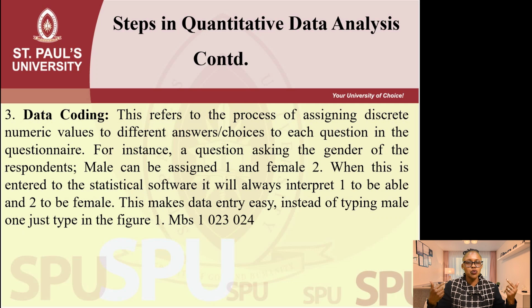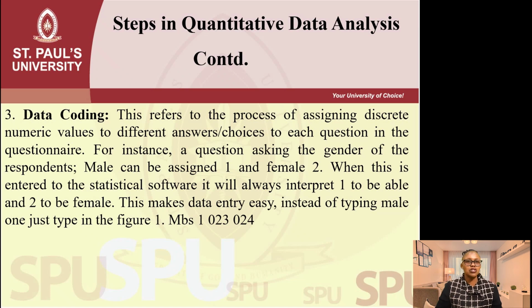So what we normally do is to code. By code, you mean if, for example, you have asked about what is your gender, then there is a choice A, male, choice B, female. When it comes to coding, you can assign a number to the answer male, and to the answer female. So that as you're filling the questionnaire, if you've come across somebody who is a male, then you assign that as maybe number 1.